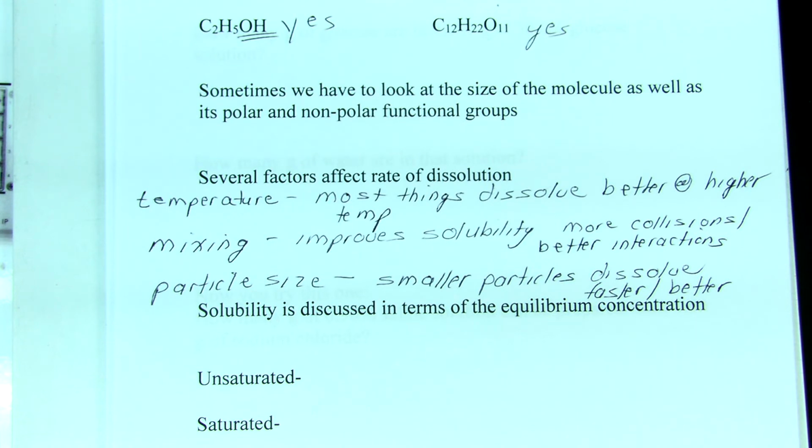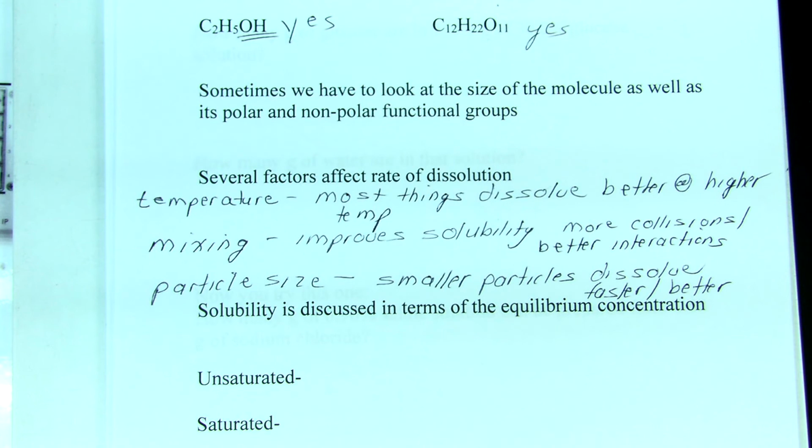So that's when we have equilibrium. We're going in both directions at the same rate. We don't talk about equilibrium a lot in here, but we talk about it more in Chem 111, and it's half of Chem 112. So unless you're going that route, you don't have to worry too much about equilibrium.